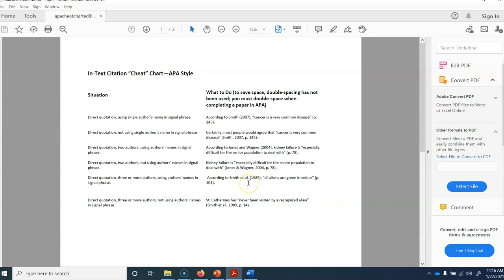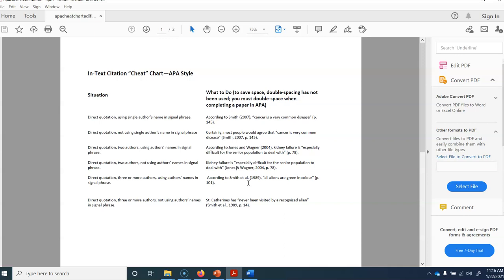Okay, so technically I'm saying according to Smith and others, but again, just to be fancy, we keep the Latin. So we say according to Smith et al., period, bracket, year of publication, close the bracket, quotation, bracket, P, period, space, page number, close the bracket, period.